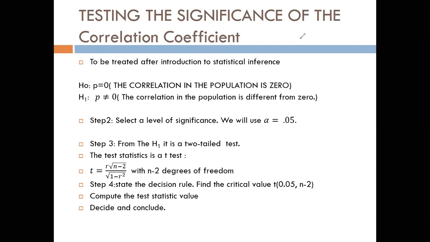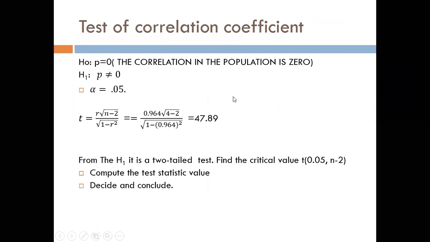So in relation to the example we've just looked at, this will be the computation. You have your null hypothesis, you have your alpha value, you have your T statistic.